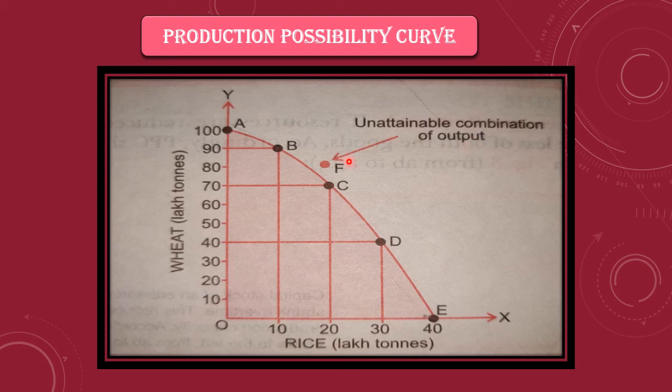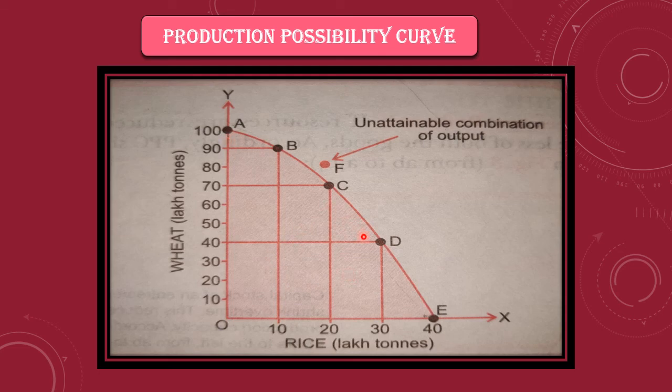Whatever combinations are covered under this PPC curve are those which are attainable, which are in the hands of a producer; any point under this PPC curve.